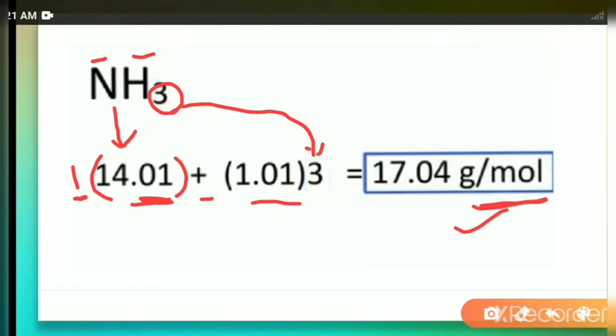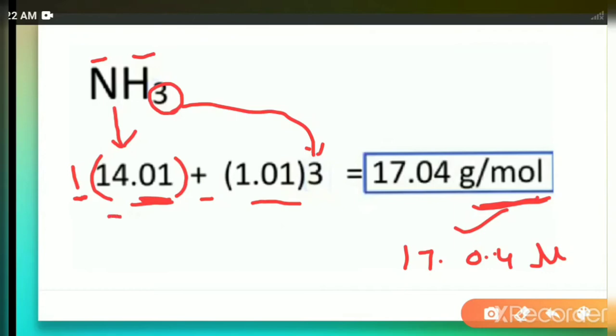Here, gram per mole, in terms of gram, will be discussed in the section after the mole concept. So let us take the value as 17.04 U. That is the mass of ammonia.